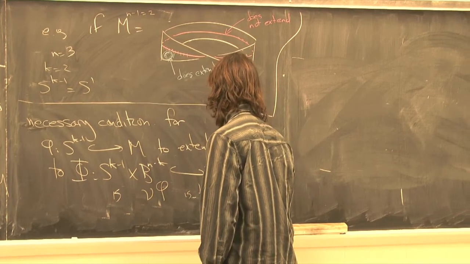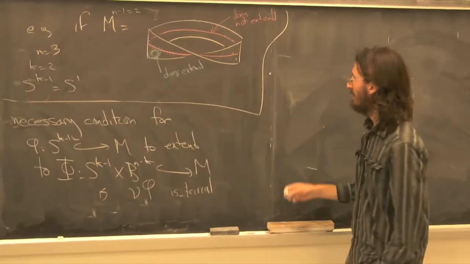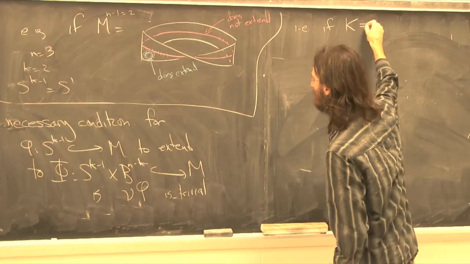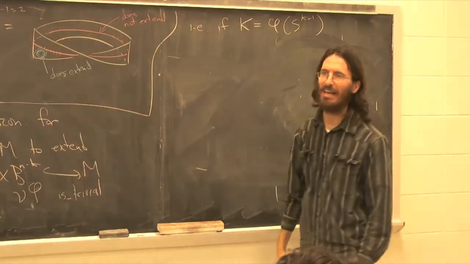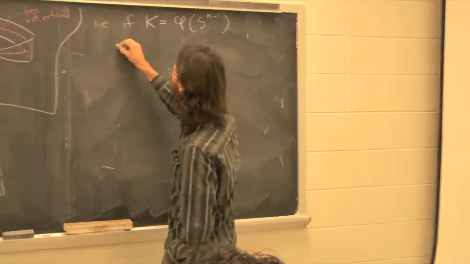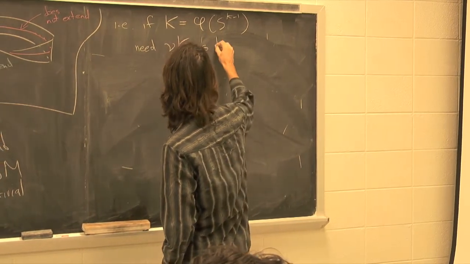But really, I just think of this S^(k-1) as being a submanifold of M. Or rather, let's let K equal phi of S^(k-1). I'm calling it K because I'm thinking of a knot, right? So the condition means that the normal bundle of K is trivial.